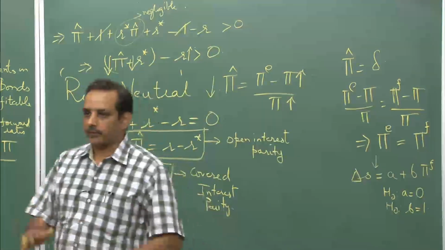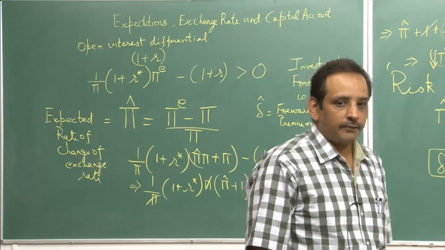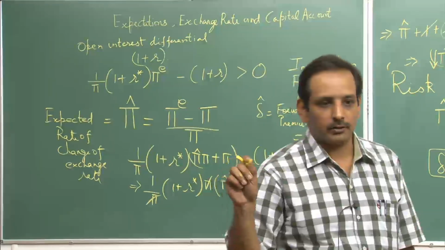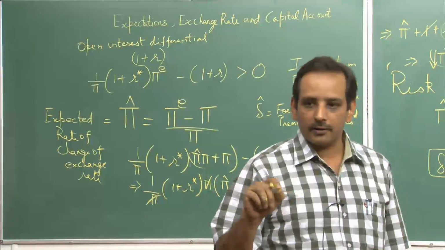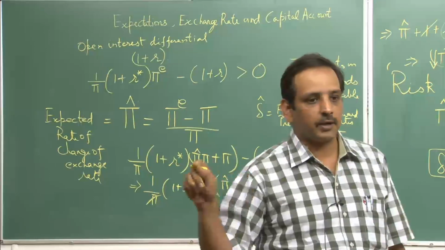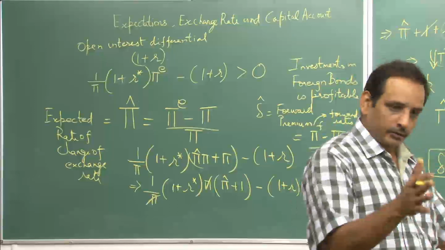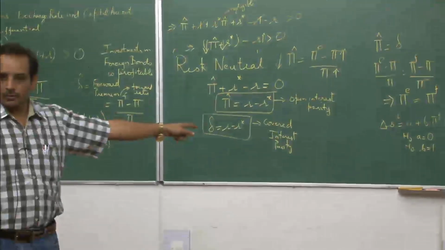If you know econometrics, if you have a joint hypothesis, then you can apply the F test. The F test says: restricted residual sum of squares minus unrestricted residual sum of squares, divided by the number of restrictions, divided by the unrestricted residual sum of squares divided by n minus k, where k is the number of parameters. You can have a restricted model, the restrictions being A is equal to 0 and B is equal to 1.